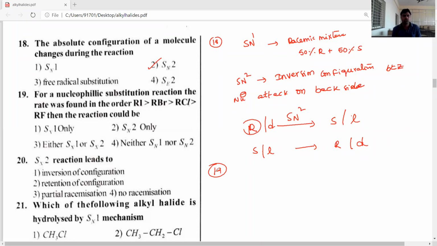For the nucleophilic substitution reactions, the rate is found to be, see, alkyl halides in SN2 mechanism, the rate of primary alkyl halides is more than secondary alkyl halides, and then tertiary alkyl halides. In SN1, tertiary is more than secondary alkyl halides, and then primary alkyl halides.